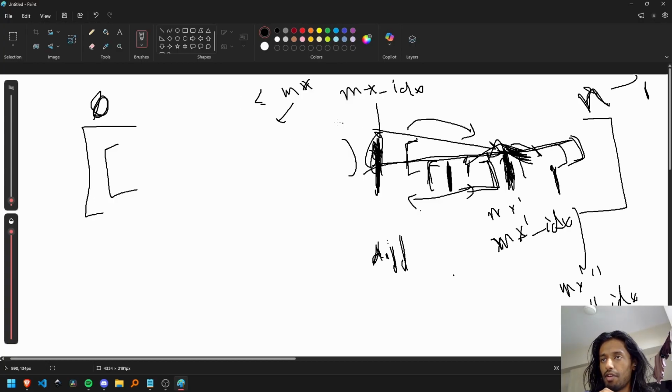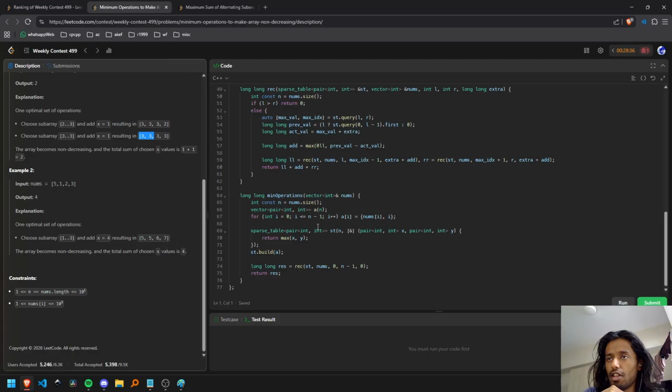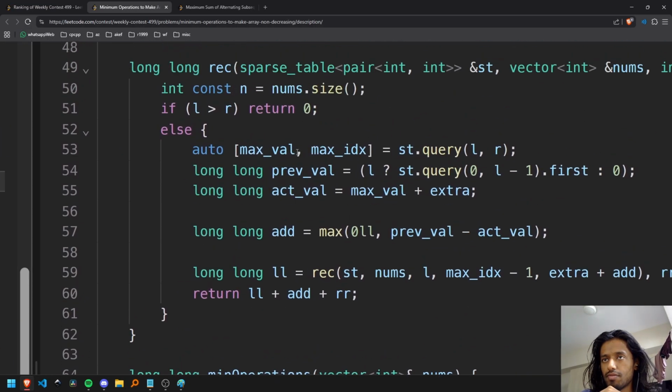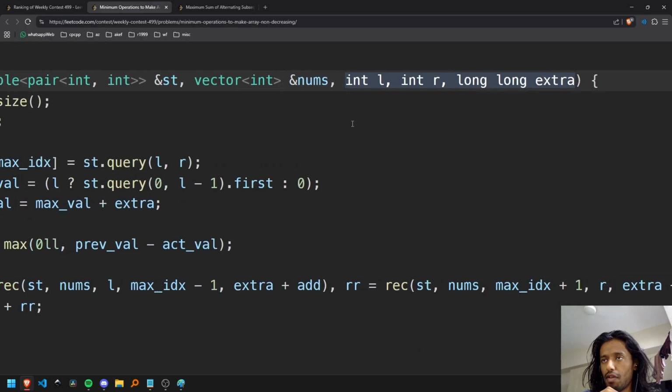So I implemented this sort of pseudo divide and conquer approach, and for finding mx_idx and mx I use a sparse table. This is probably not the best implementation for this solution, but here L and R is the range and extra is the number of operations we have already done.